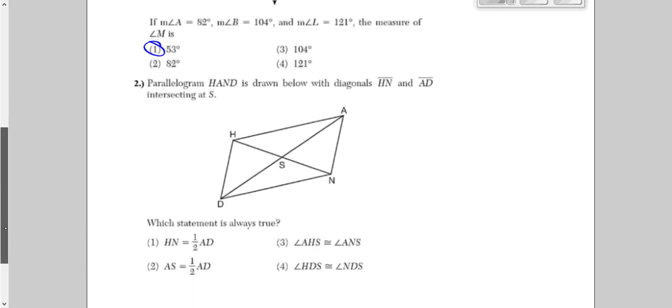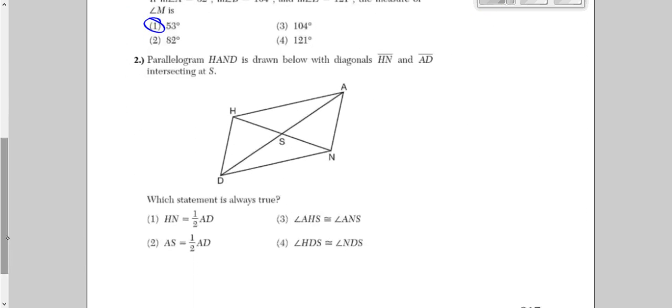Let's go down to the next one. Very important to note when they tell you that, because then you go right to your flow chart to remind yourself of the properties of such a thing. And they talk about the diagonals of it, don't they? So you might want to take a look at diagonal properties for a parallelogram. Okay? You say choice 2.